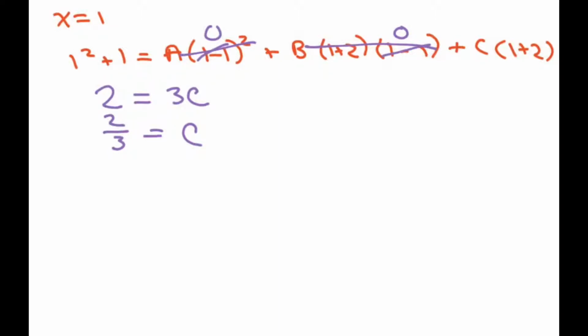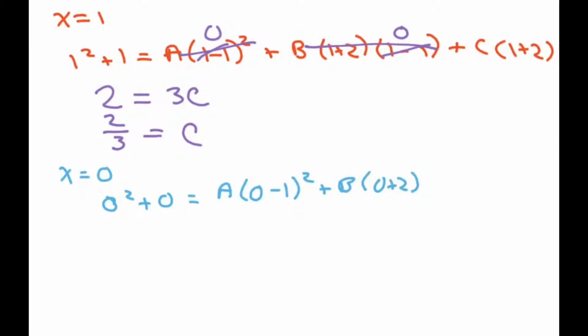And then I'm going to go ahead and let x be 0. So when I let x be 0, I get 0 squared plus 0 equals A times 0 minus 1 squared plus B times 0 plus 2 times 0 minus 1 plus C times 0 plus 2.